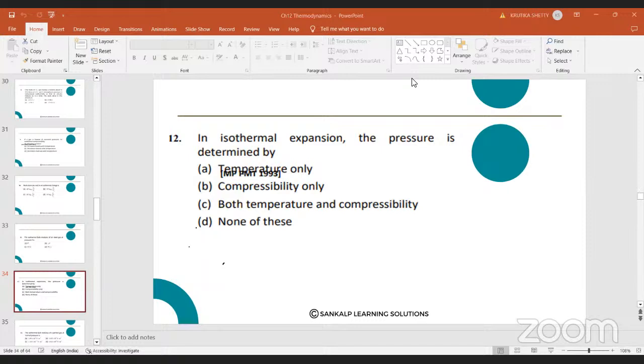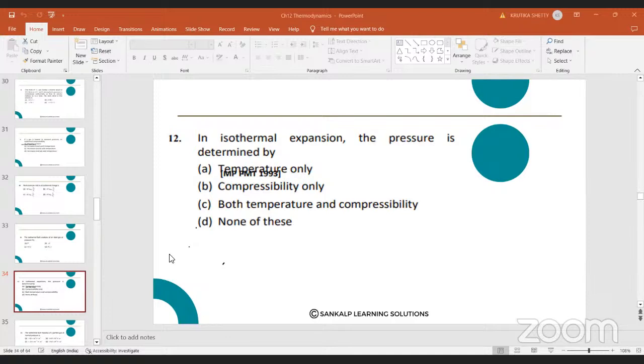So here, in isothermal expansion, the pressure is determined by compressibility. We have isothermal compression as well, right? Here they are asking isothermal expansion. So for isothermal expansion, the pressure is determined by compressibility. Option B is correct here.